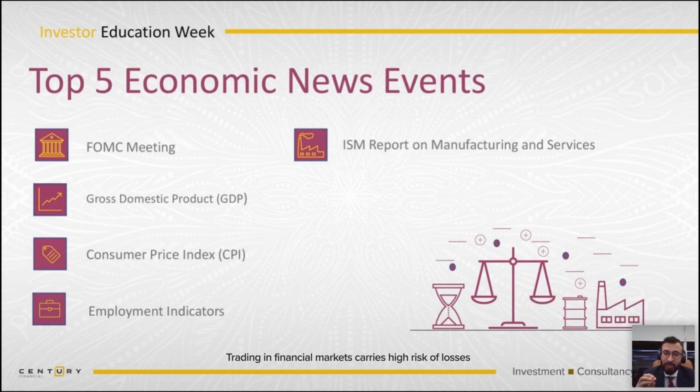There is an interest rate decision, and then there's a press conference, and the market reacts to it. The stocks move up and down, gold prices move up and down, the dollar moves up and down, the currencies which are paired against the dollar move up and down. So there's a lot of movement which happens during the FOMC meeting.